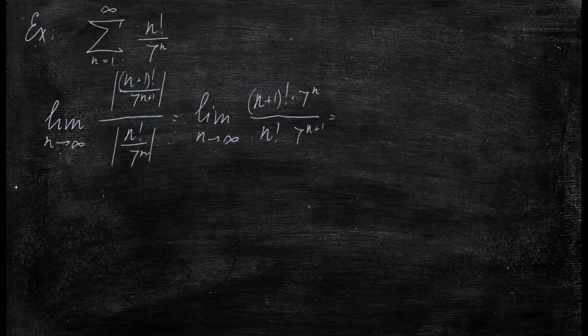n plus 1. n plus 1 factorial and n factorial have a lot in common, so we can reduce the entire n factorial. And 7 to the power n and 7 to the power n plus 1 also have a lot in common, and we can reduce by 7 to the power n.